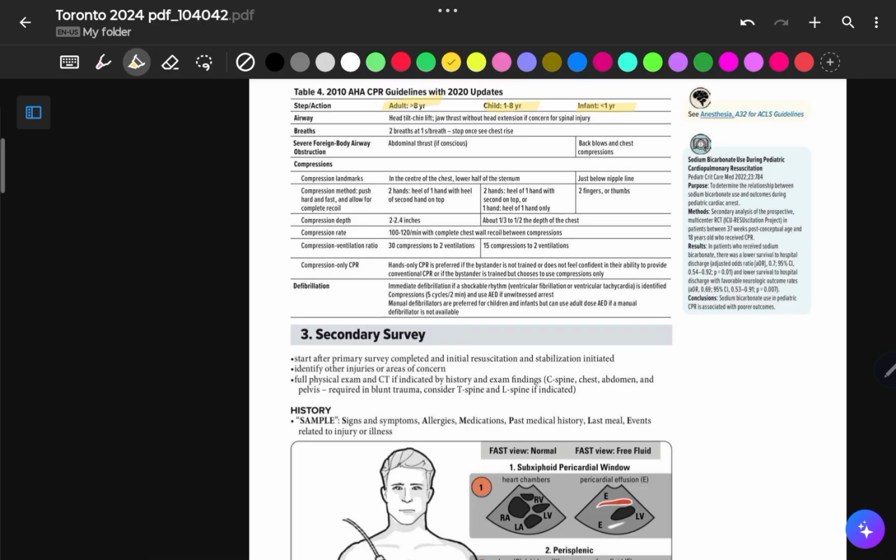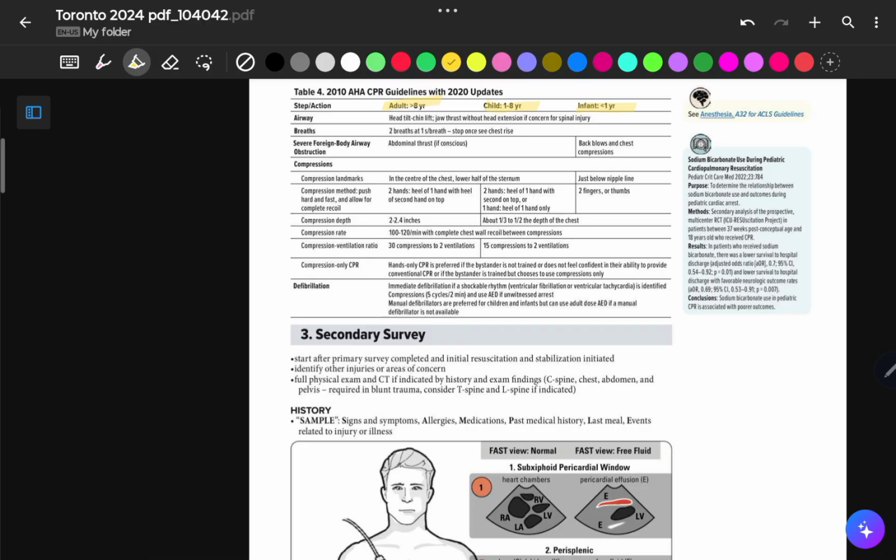Same thing for children between 1 to 8, and you can also use a one hand technique. For infants less than 1 year old, you use 2 fingers or your thumbs just below the nipple line.